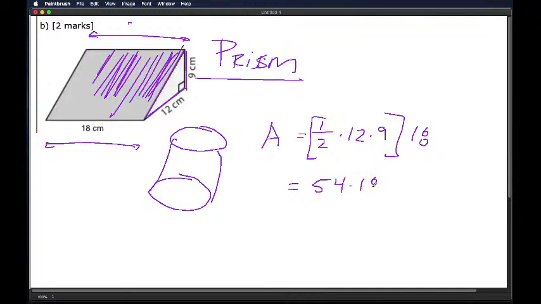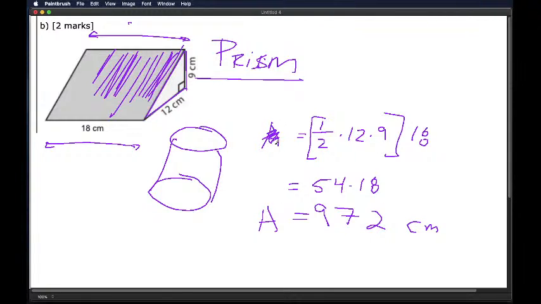And now you just have to figure out what 54 times 18 is. So if I go 54 times 18, I have 972.